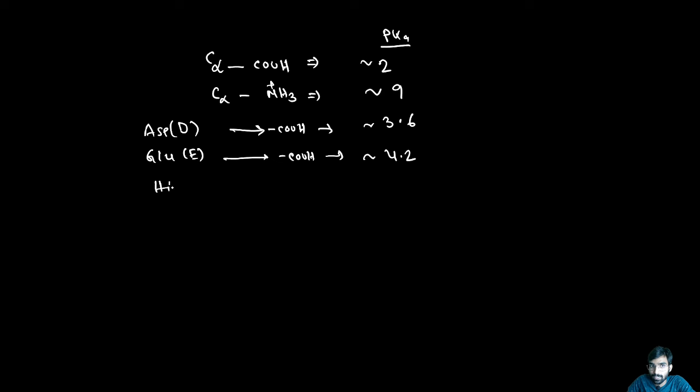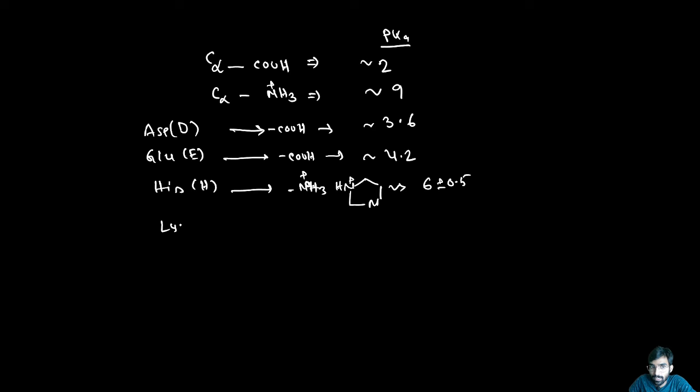For histidine, H, that's the NH plus condition, because in histidine it is in imidazole format. In case of histidine, it is around 6 plus minus 0.5.